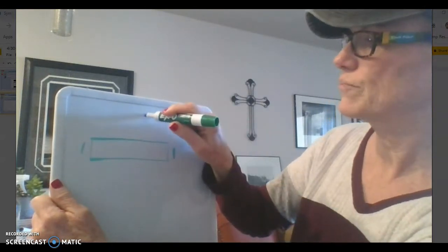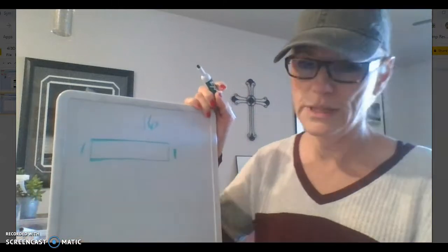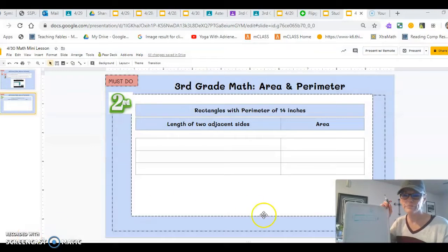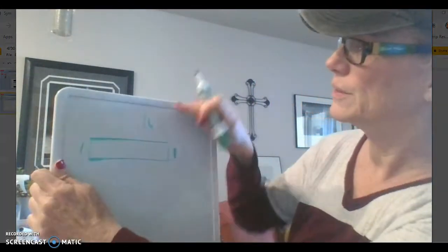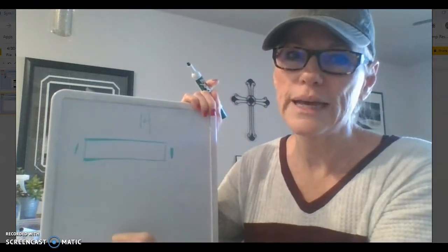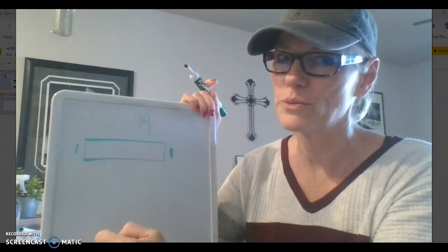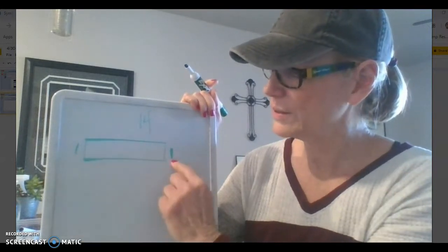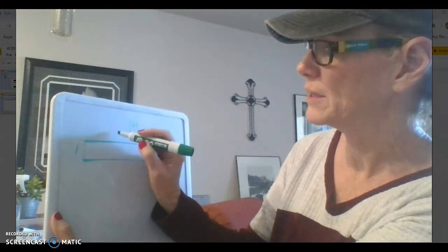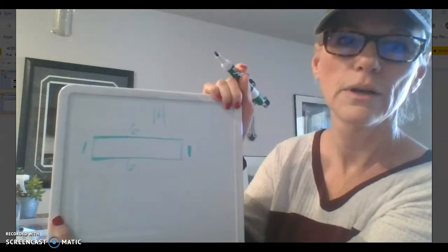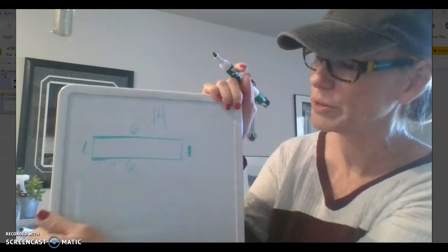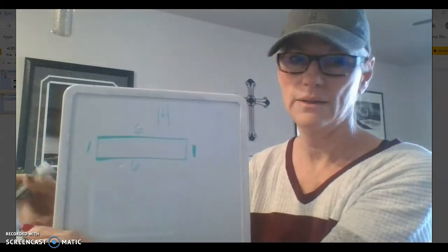So if I'm trying to get a rectangle with the perimeter of 14, I'm going to think of what would be the measurement of this side? And really it has to be a number that if I double it, it's going to be 2 less. So I've got 1, 2, so I have to get up to the number of 12. So I know 6 plus 6 is 12, 13, 14. So do I have a rectangle with the perimeter of 14 units?